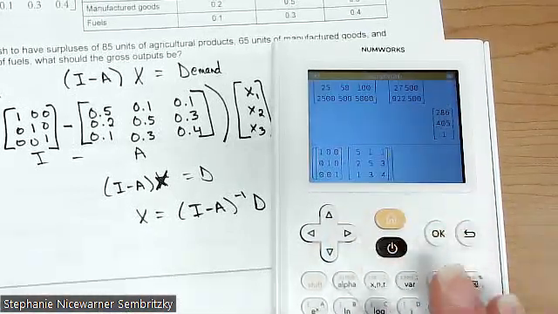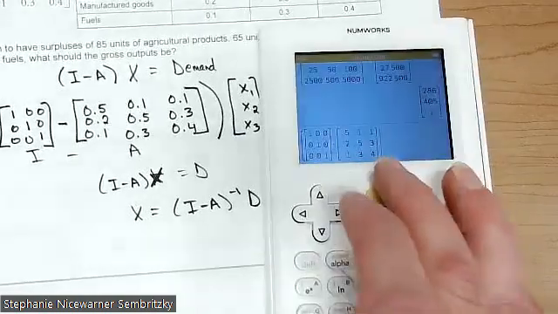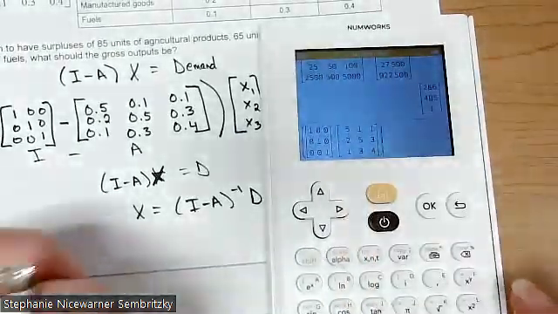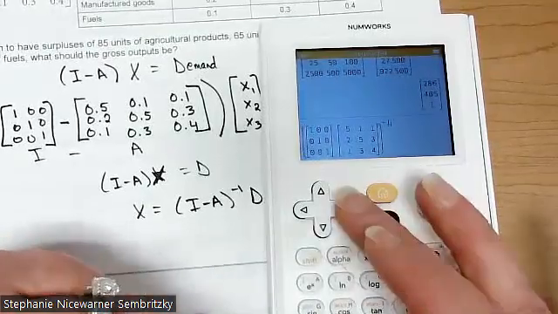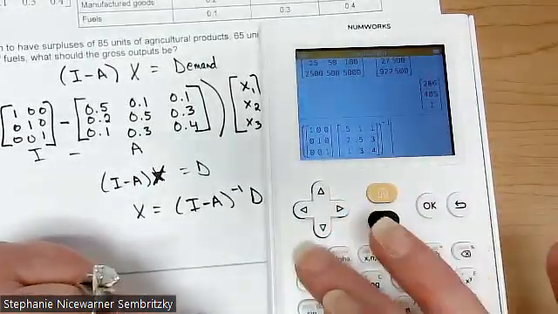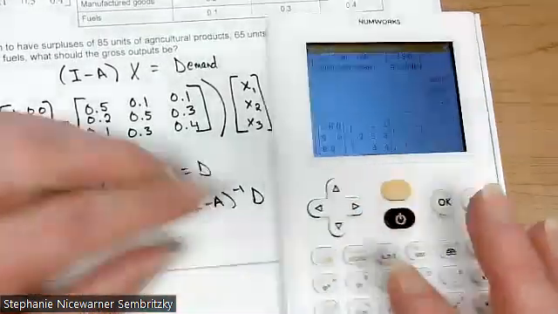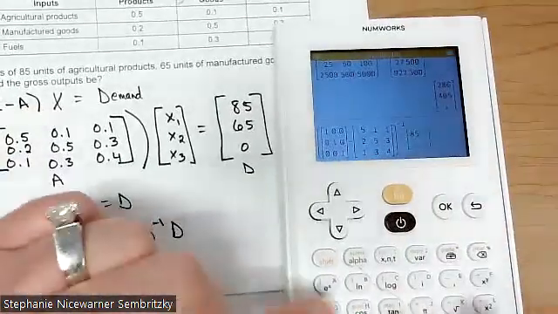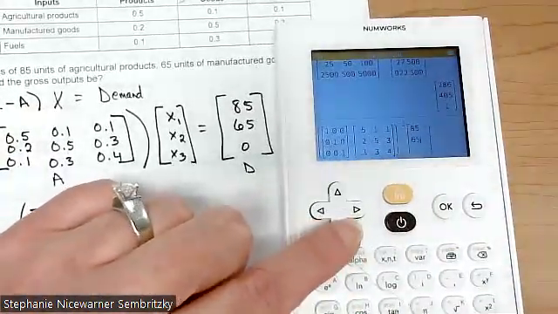And we're going to do the inverse of that whole thing. So I've got parentheses around the whole thing. And then I'm going to do inverse times matrix D. That's 85, 65, and 0.